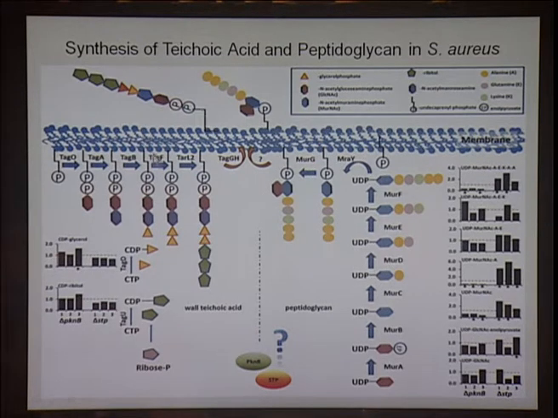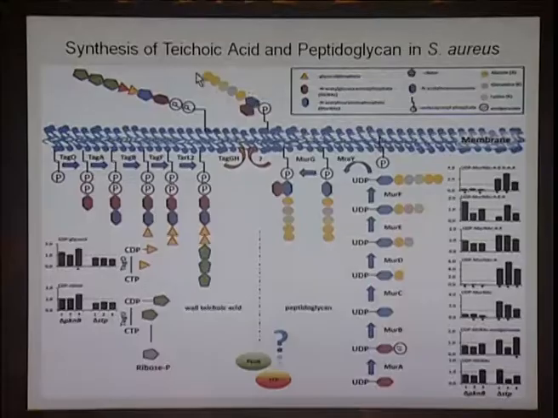But mind you, this lipid 2 formation is not the end of the step. By some mechanism, this unit will be transported outside and they will produce the basic unit of the peptidoglycan.